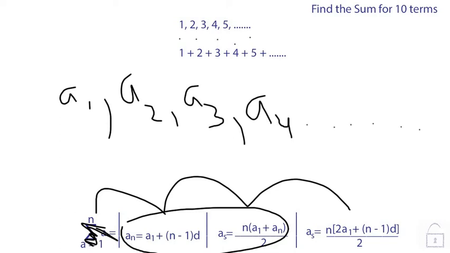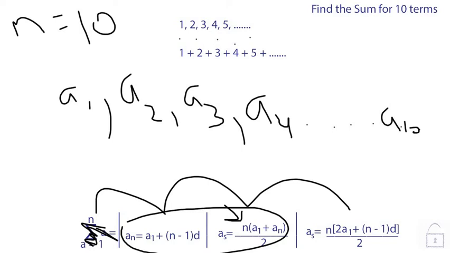And it just keeps going on and on until you get to your 10th term. And your 10th term is going to be a sub 10. Now what a sub n means, the n means the number of terms. So n is equal to 10. Alright, and that's important because we have that right there.